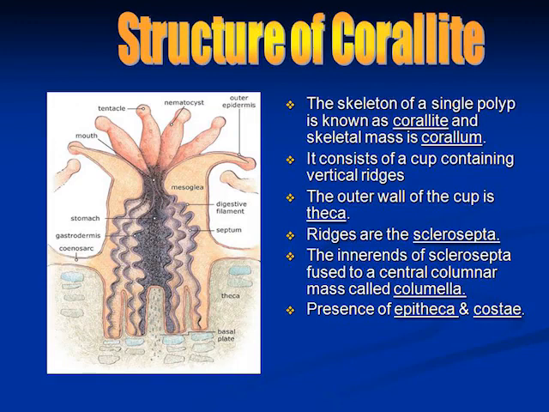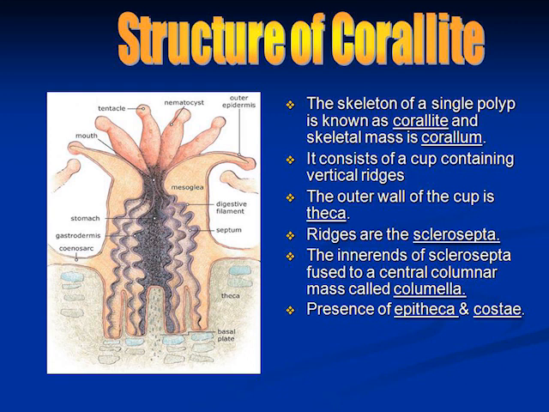The corals, when they are in unit form, are called the corallite. So now we will concentrate on the structure of the corallite. Here you can see a cross-sectional view of such a corallite, which comprises vertical ridges.